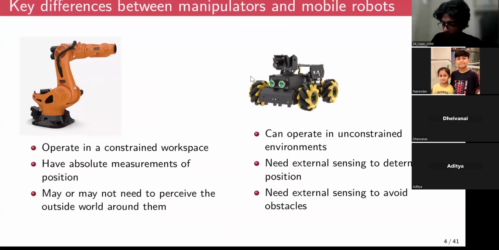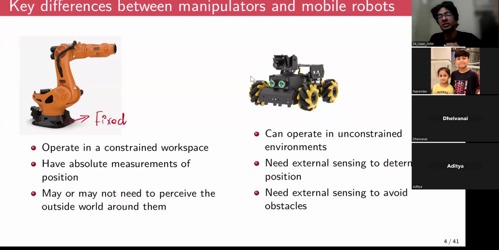Manipulators operate in a constrained workspace, right? As I've said, most often their base is fixed to a location, and as a result it can only reach a limited workspace.